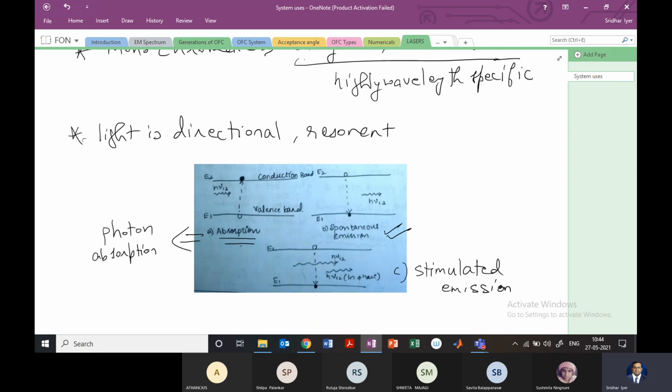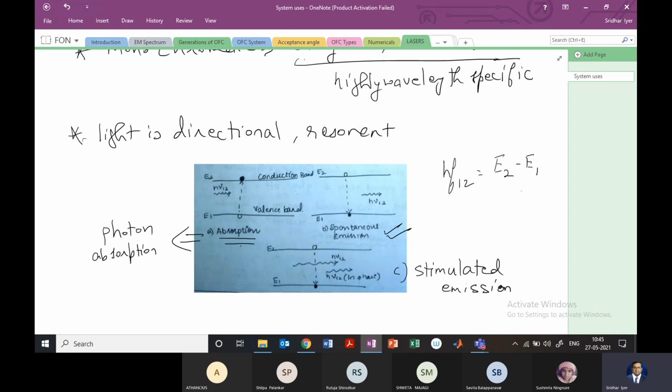Right? So if we go to Planck's law, the transition between E1 and E2 is going to involve absorption or emission of the photon. So what we are going to have is, if I take hf12, that will be nothing but the energy E2 minus E1, where E1 is the energy of the valence band and E2 is the energy of the conduction band. So this system is always going to be in the ground state, stable.